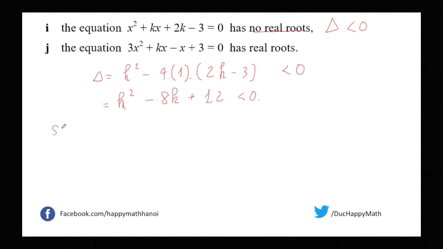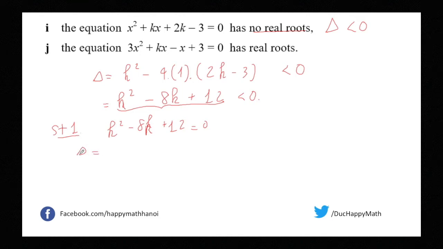So step 1, you have to find the values of k for which this function equals 0. This is a quadratic equation, so to find the values of k where this function equals 0, you have to find the delta. You can call it the sub delta.